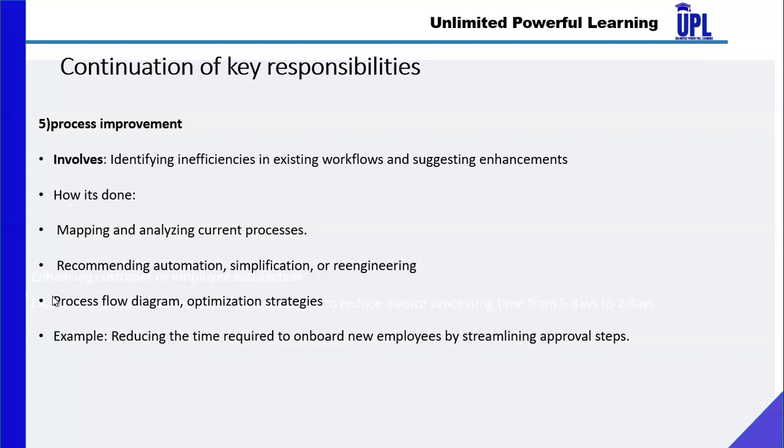Process flow diagram optimization strategies. Suppose a person is doing manual calculation using a book; if he moves to a computer, he can do it a bit faster. So that reduces the time. Many more things can come into the picture, like reducing the time required for onboarding.